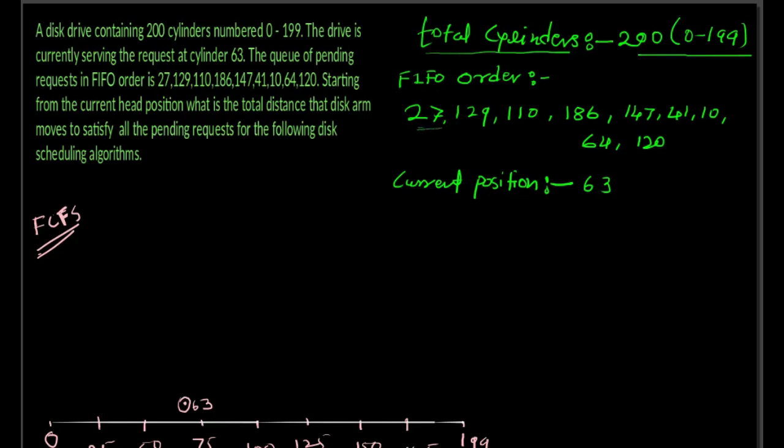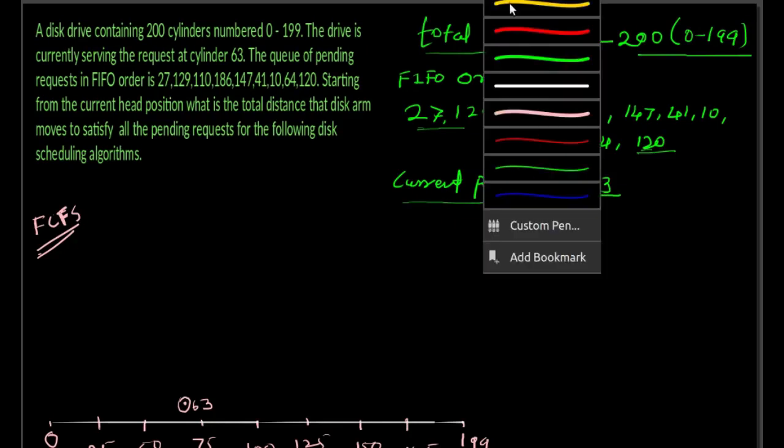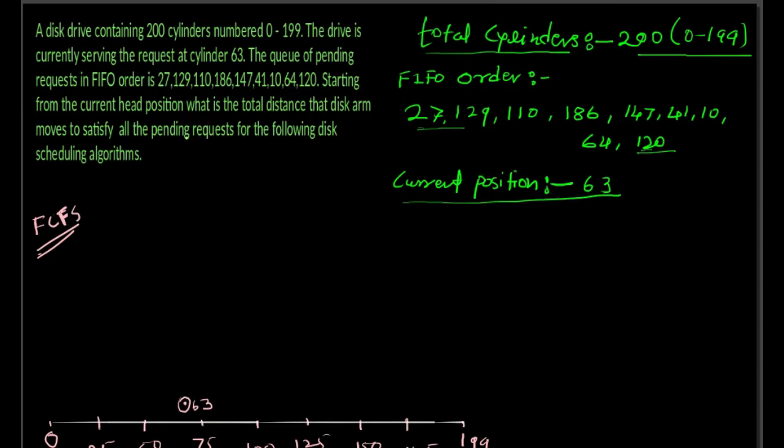So these requests are, first is 27, 129, up to the last request, that is 120. And one more thing is provided to us, that the current position of the disk is at 63. And the question is, what is the distance that is required to be traveled? The total distance that the disk arm moves to satisfy all the pending requests for the following disk scheduling algorithms. Okay, so we will solve it for all the algorithms.